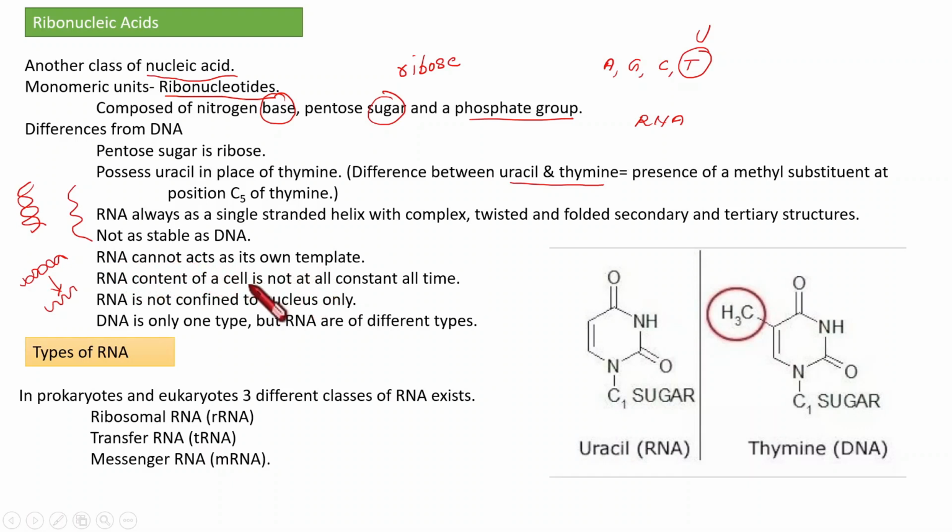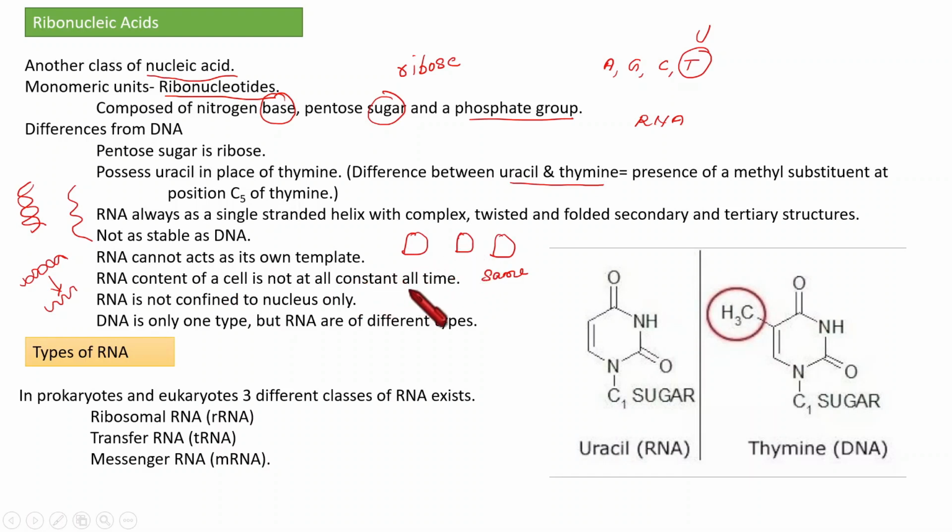Okay. The next one is that if we take the DNA content of many cells of a single organism, that content in all the cells will be the same. But regarding RNA, the content of RNA present in one cell will not be the same in another cell.